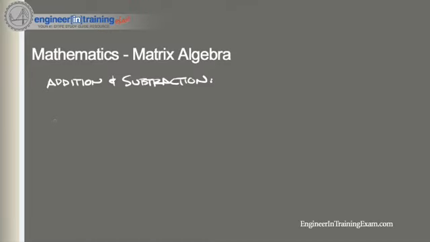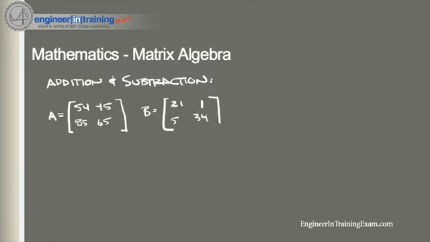Adding and subtracting is simply done by adding the corresponding elements of each matrix to create a new matrix of the same order. So say we're given matrix A, a 2 by 2 matrix, with the elements 54, 45, 85, and 65. And let's say we're given matrix B, which has the elements 21, 1, 5, and 34. And say we want A plus B. All we need to do is add the corresponding elements.